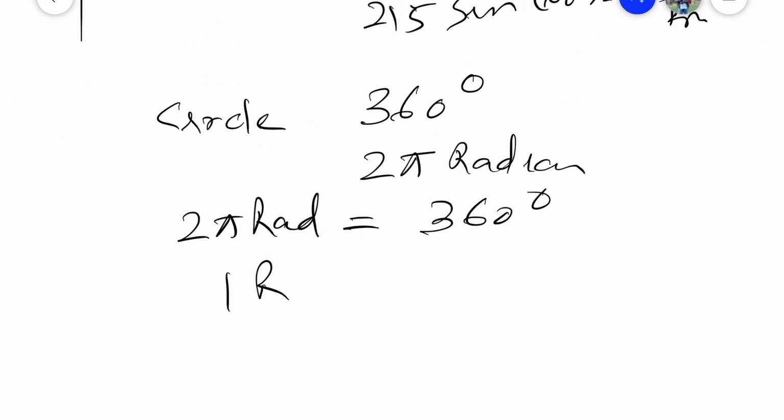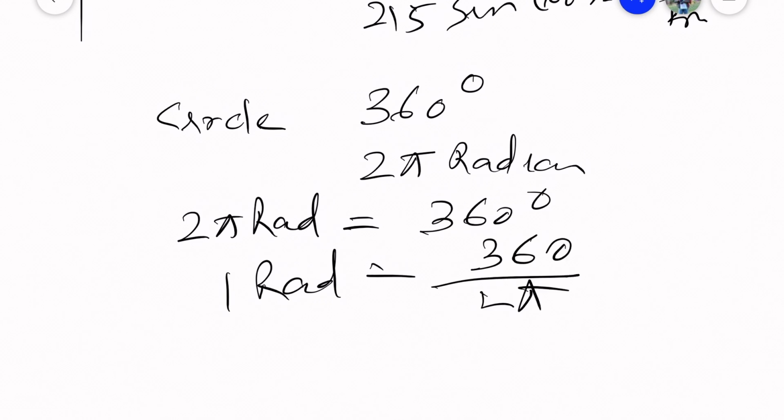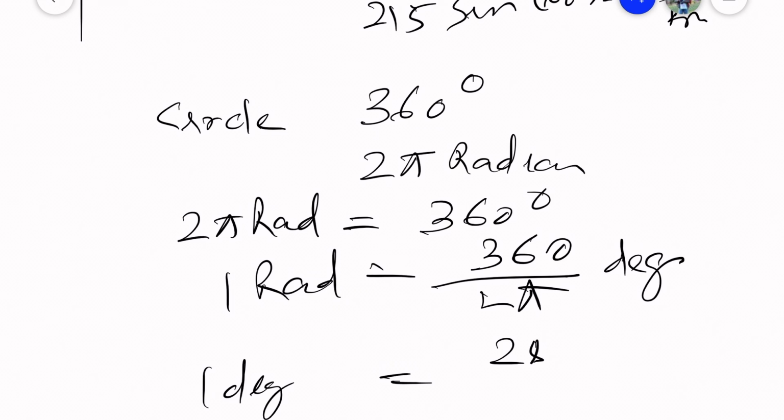So 1 radian is equal to 360 upon 2 pi degrees, and similarly 1 degree is equal to 2 pi upon 360 radians. You might require this sometimes for computation.